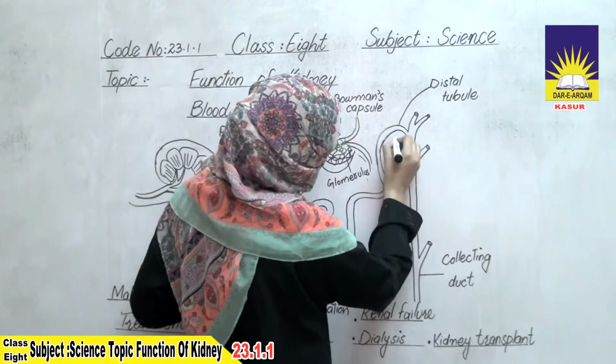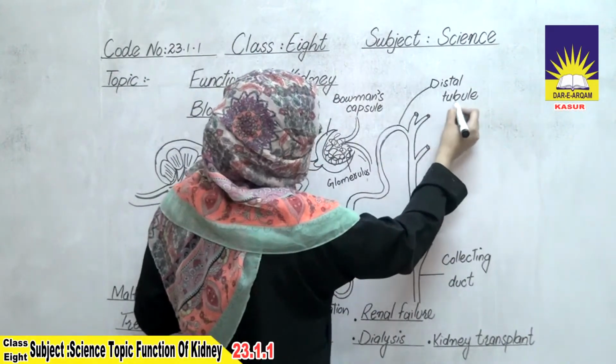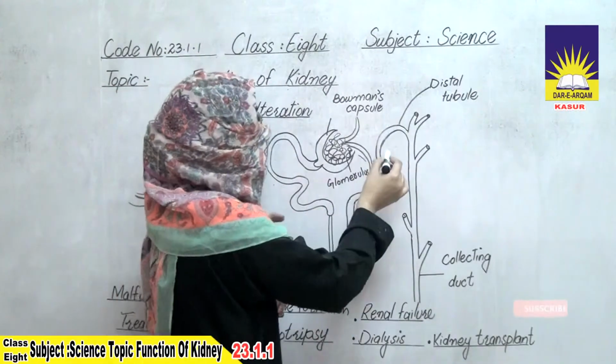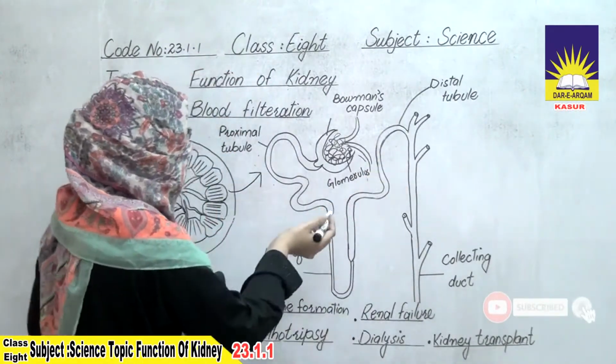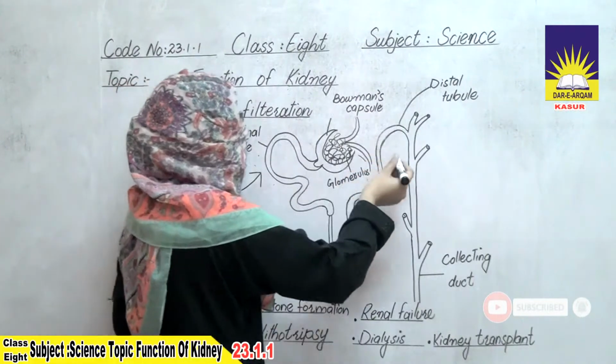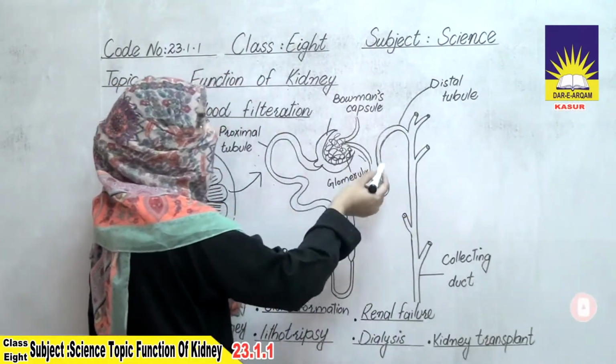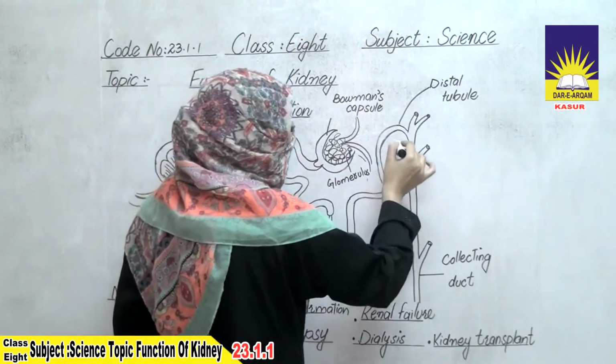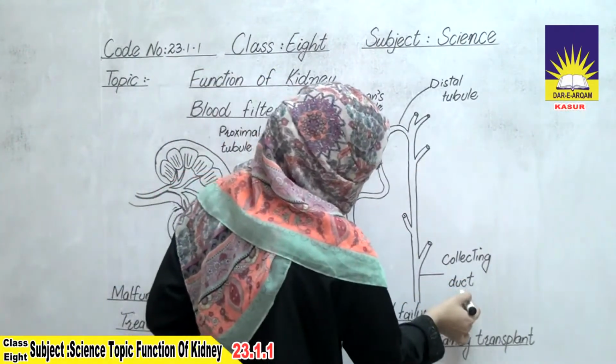It is a convoluted tube. It is called distal tube. In this distal tubule, reabsorption also happens. In reabsorption, again the useful material is reabsorbed, and then all the wasteful material comes into the collecting duct.